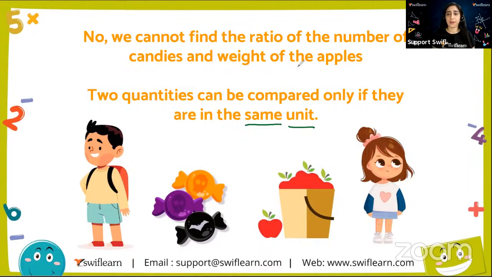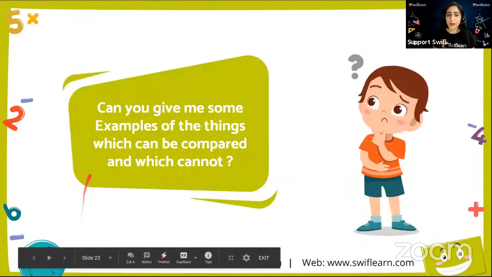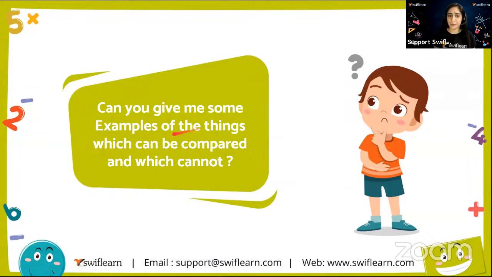Okay, let's move ahead now. I hope it's clear now. Now you know what we are talking about. How do we compare? Now you tell me: give me some examples that can be compared and some which cannot be compared.